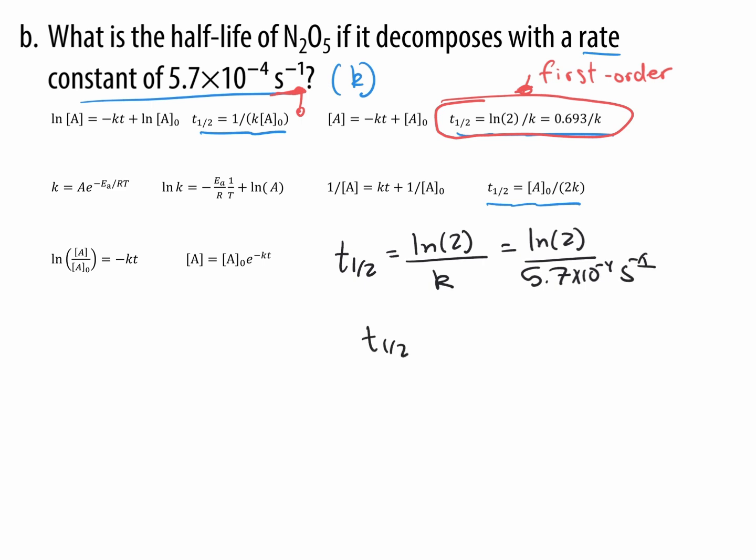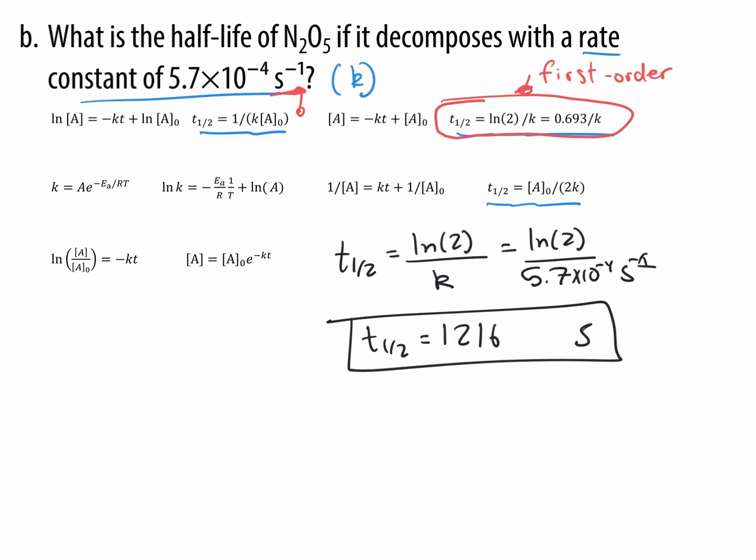Units: seconds to the -1 on the bottom, ln is unitless, so I am in seconds, which is correct for time. When I plug that in, I get 1216 seconds. I only have 2 sig figs here though, so I should round that properly to 1200 seconds as my half-life.